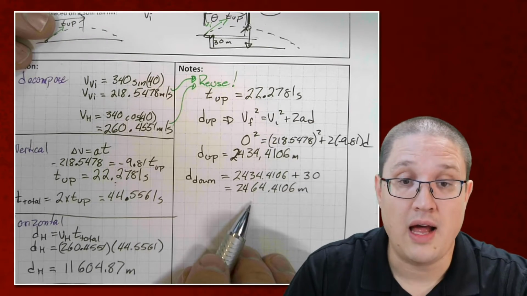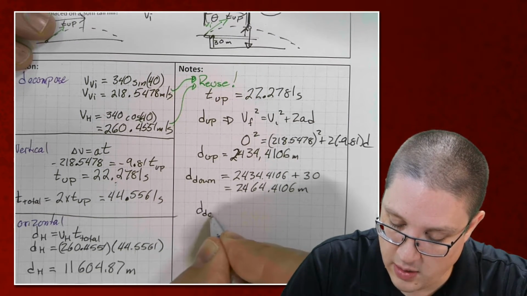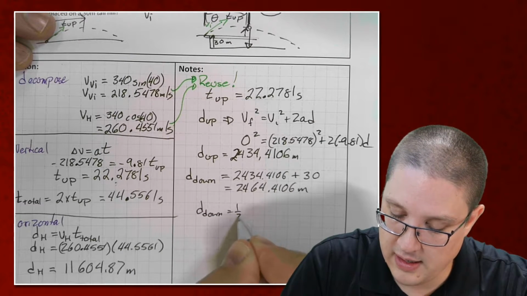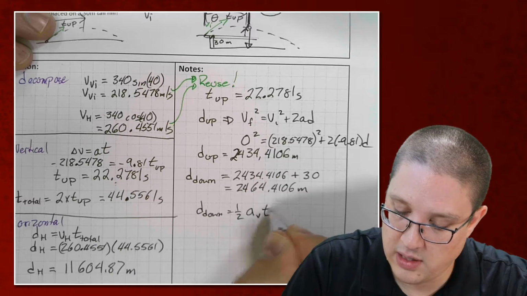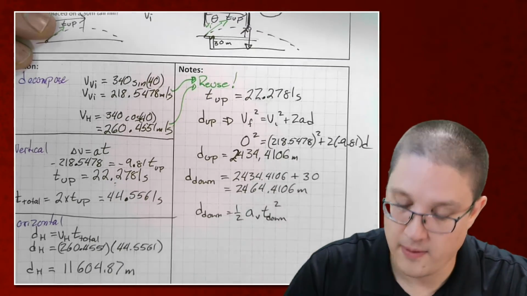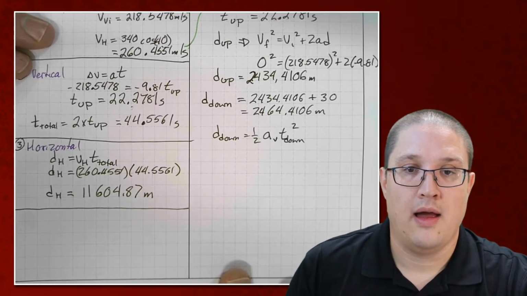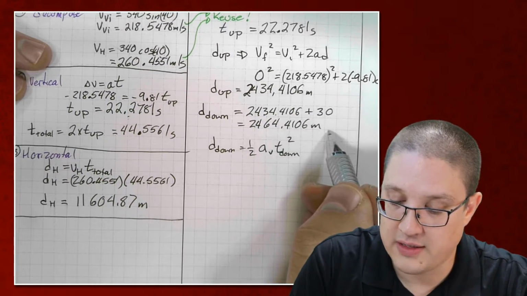Okay, that's useful because now I can do the distance down is half times my vertical acceleration times t squared, and this is the t down. And now I can say I found out how far it has to fall down.